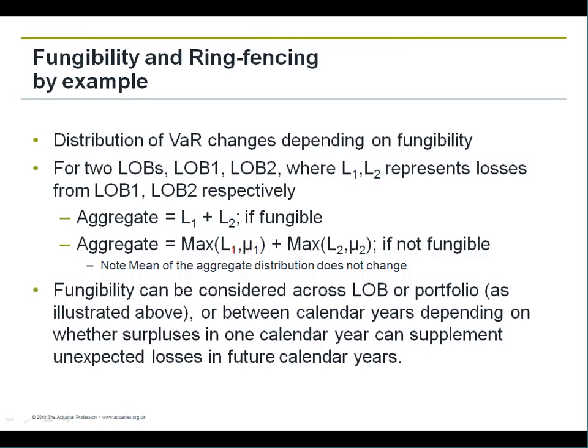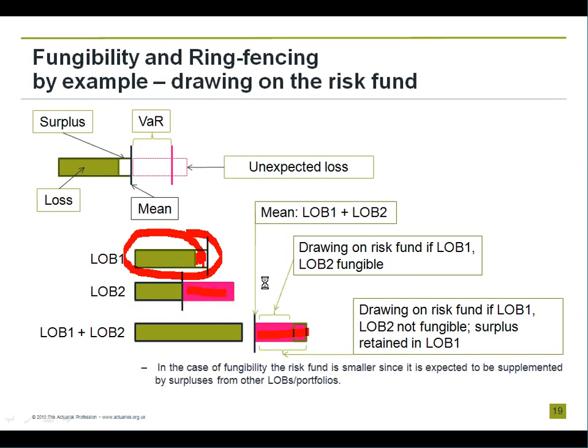All we're really saying is that if the loss is less than the mean, then the payment you make is actually the mean. It's another way of looking at it. But I think this way, in terms of what's in the risk fund or how large the capital risk fund has to be, is a better way of representing it pictorially.